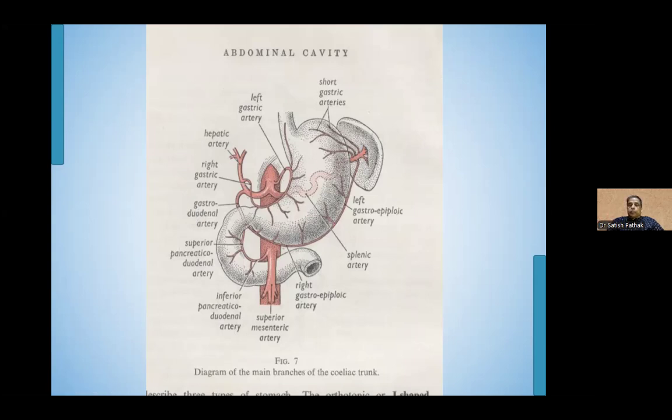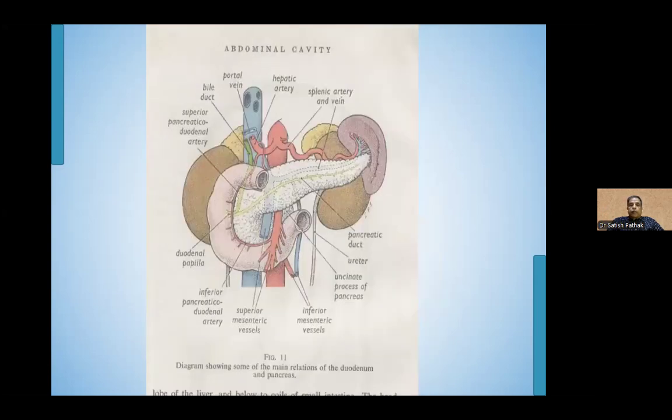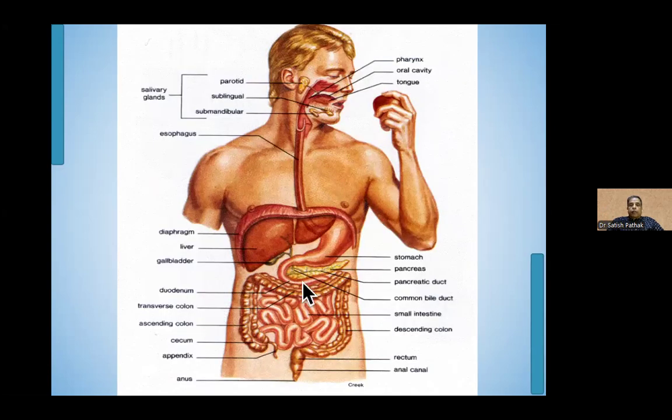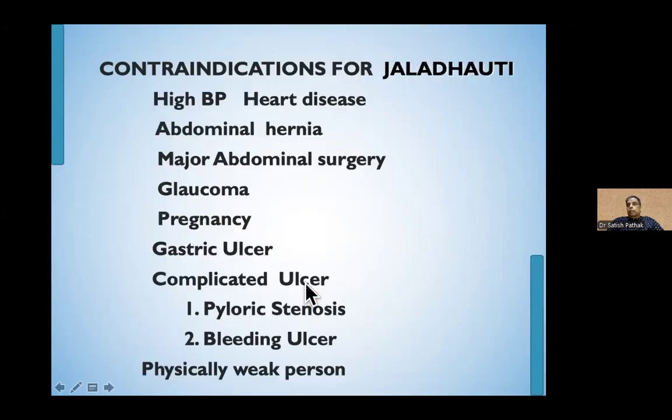So the patient who has got complicated peptic ulcer, like pyloric stenosis or bleeding ulcer, should not practice Vaman. Okay. Now, all these things I have told. So, what questions will you ask any patient before advising him Vaman? What will you ask?